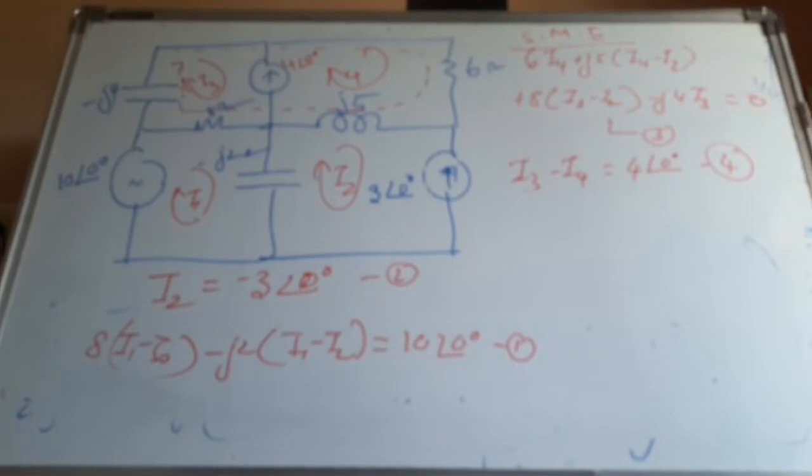To take this problem, I'm going to draw it on the board now. Obtain the Thevenin equivalent circuit. You're asked to find the Thevenin equivalent circuit across terminals A and B for the circuit given below.